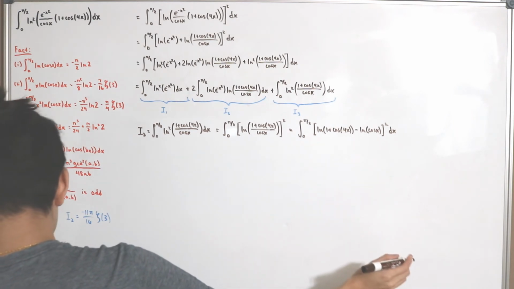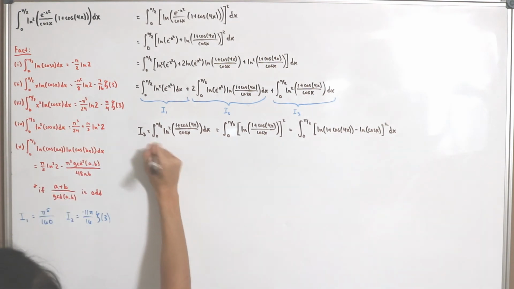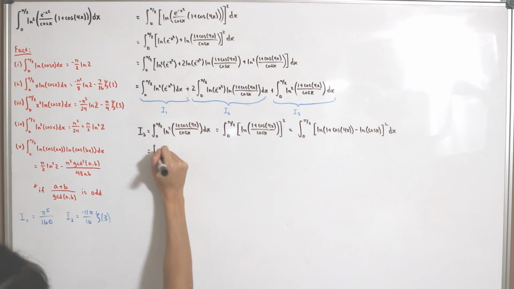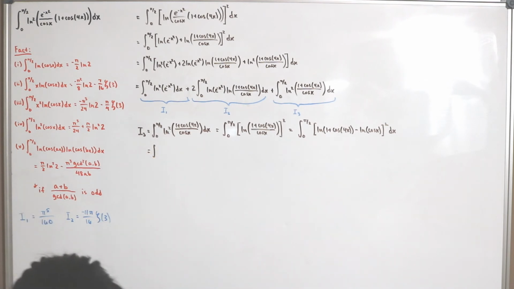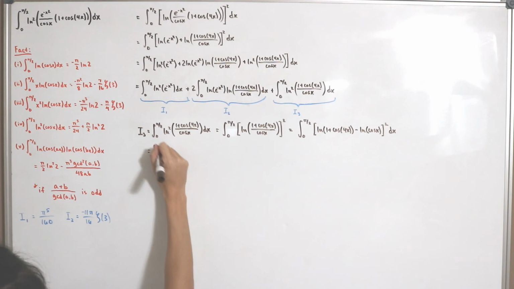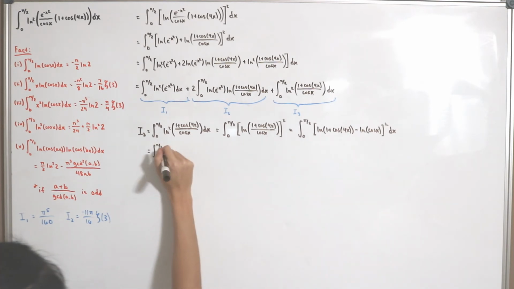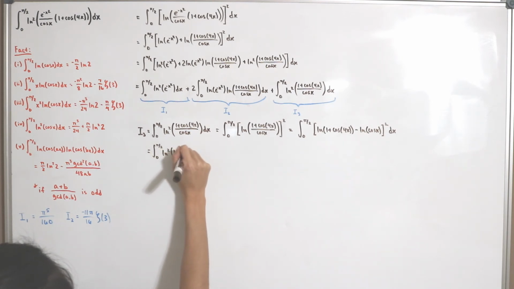Okay, and now we can just use the FOIL. I'm going to skip some steps here. So that means 0 to pi over 2, and then this square, and then I can separate this by using linearity, so I can write this with 3 different integrals.